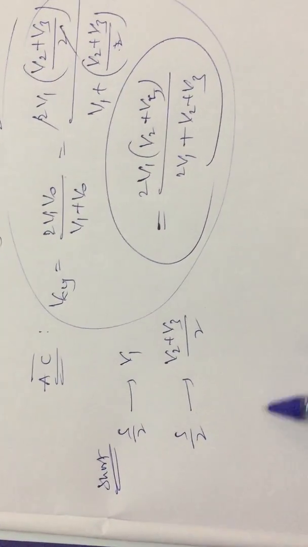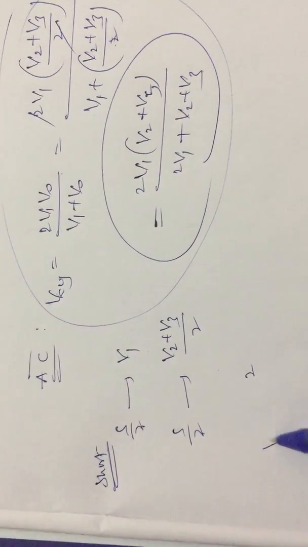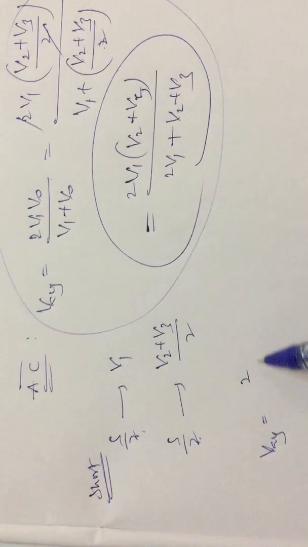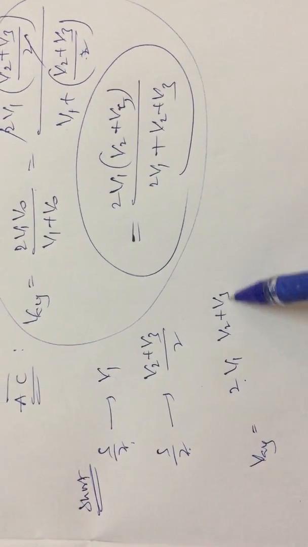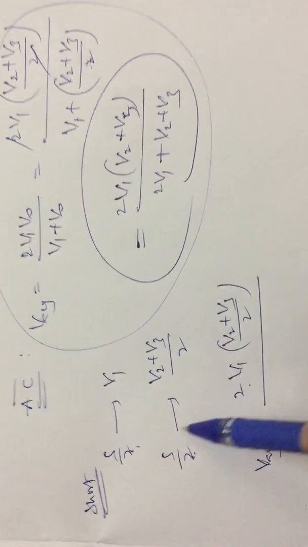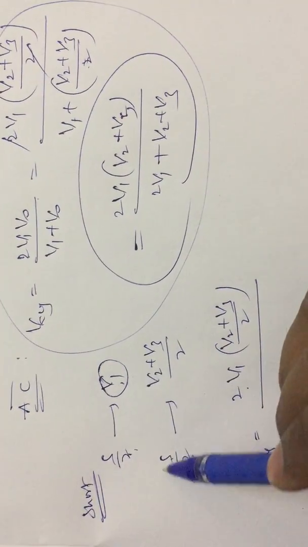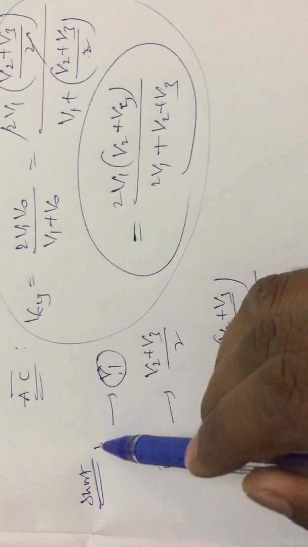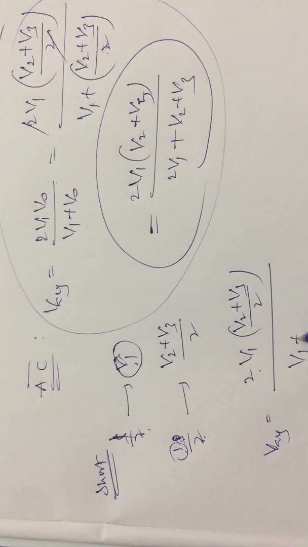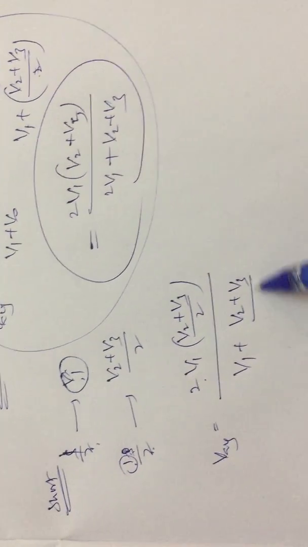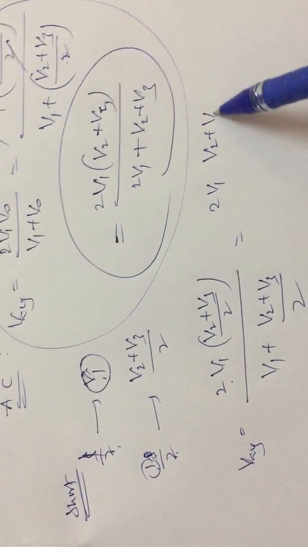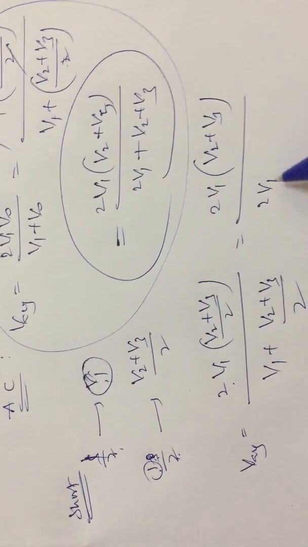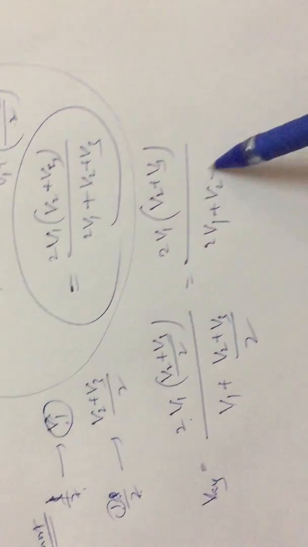The common denominator is 2, and we need to find V average. Here the numerators are 1 by 2 and 1 by 2, so V1 plus (V2 plus V3) by 2. Again you will get the same answer: 2 V1 (V2 plus V3) by (2 V1 plus V2 plus V3).